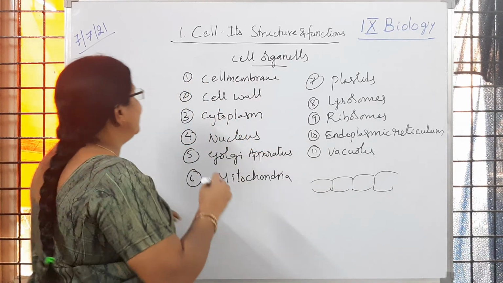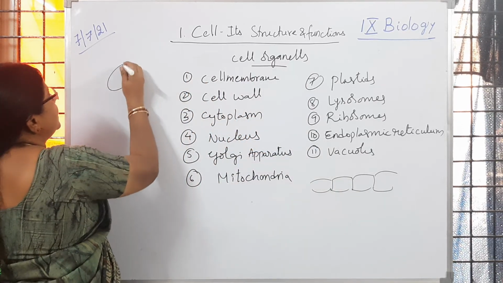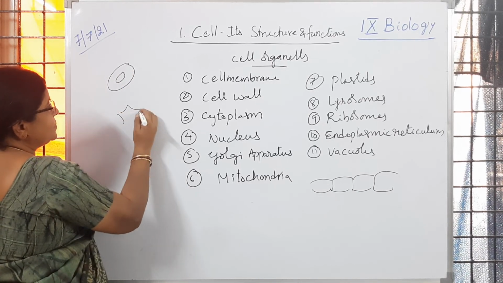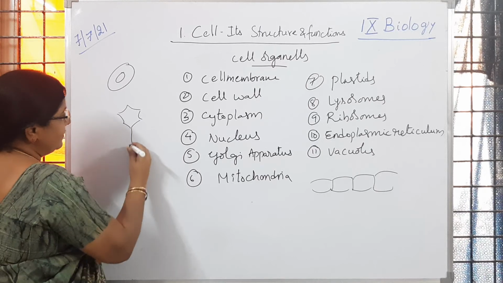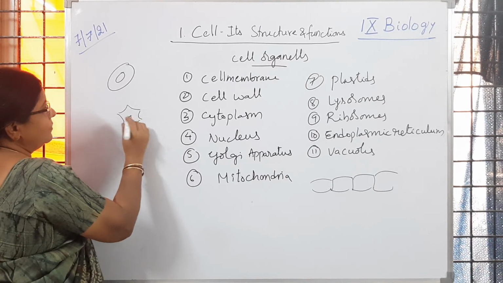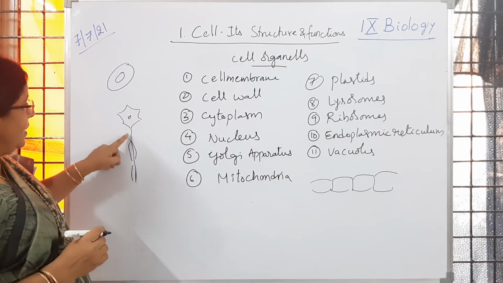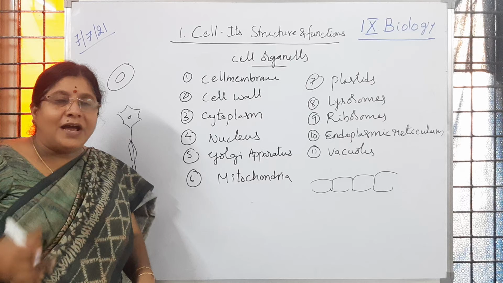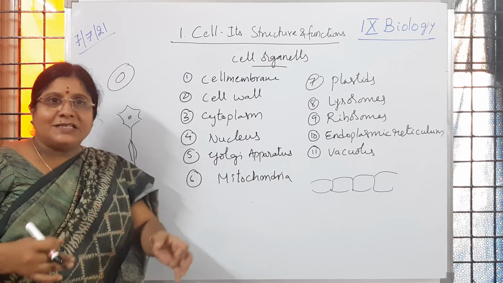For example, RBC, if you see, are round and cylindrical like. Suppose you see the nerve cell, it has to carry the nerve impulse, so it is very long. It has a cyton or soma, and it is called axon. They have to connect, and within a short span of time we have to know what is happening in our surroundings.